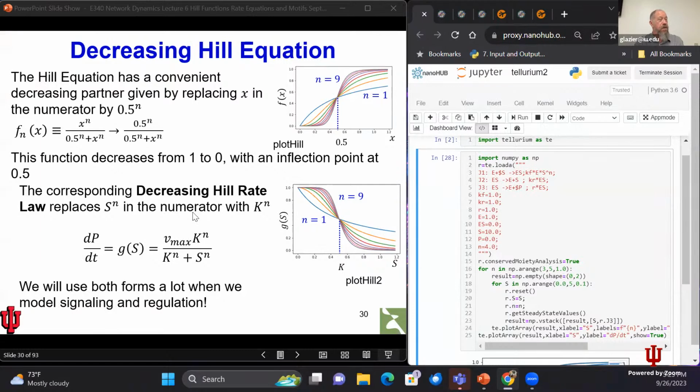And that's a decreasing Hill rate law. So if we want to know what would happen if something were a decreasing function of s, we just change that one symbol from s in the numerator to k in the numerator.